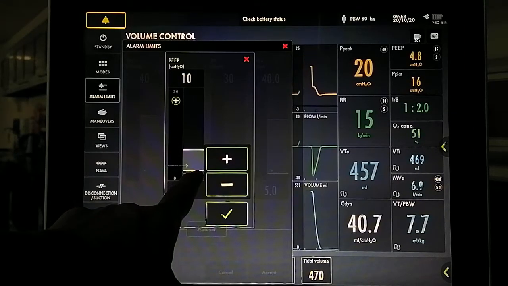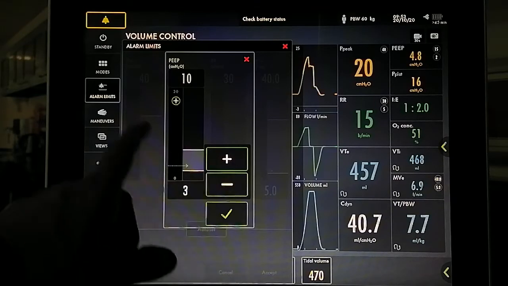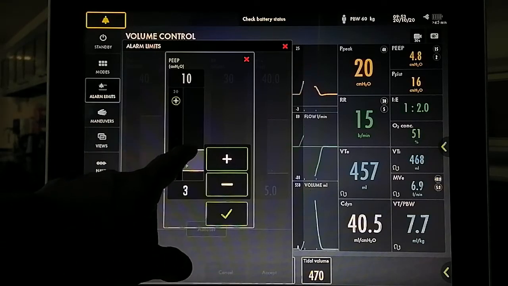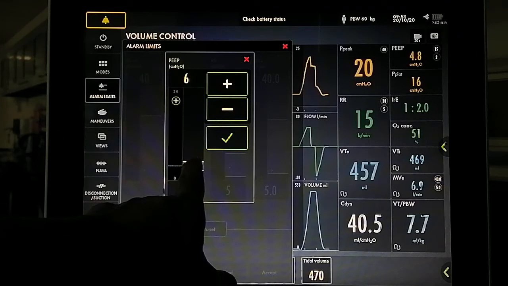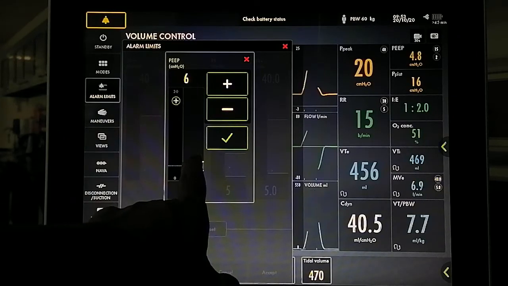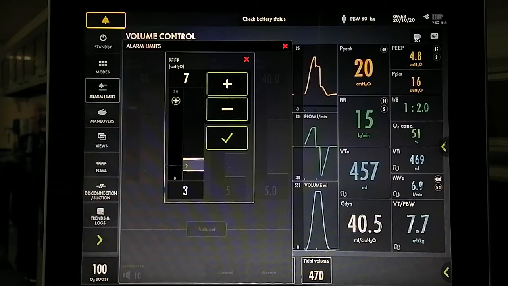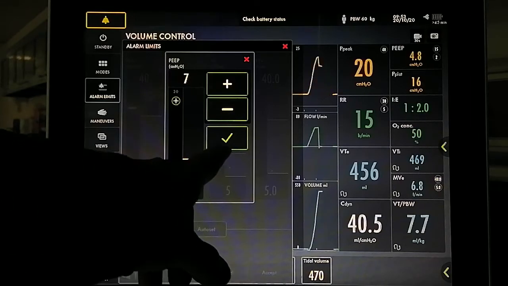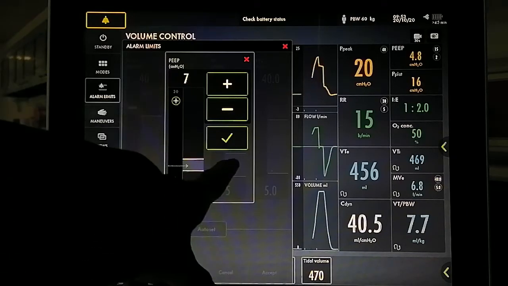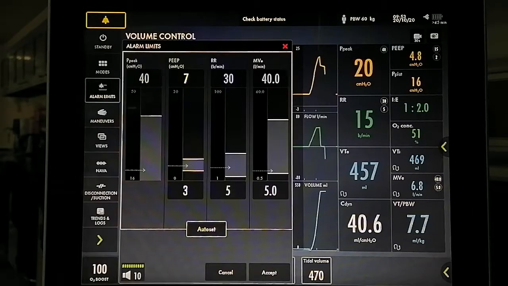Our lower limit is this one, so you can set it at plus or minus 2, so 7 for the high limit. Imagine if you set a higher limit, you are exposing the patient to the dangers of auto-PEEP, which is caused by air trapping and can cause hyperinflation.